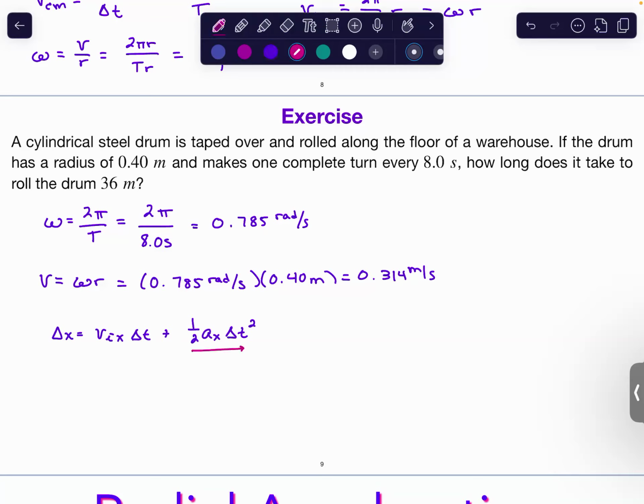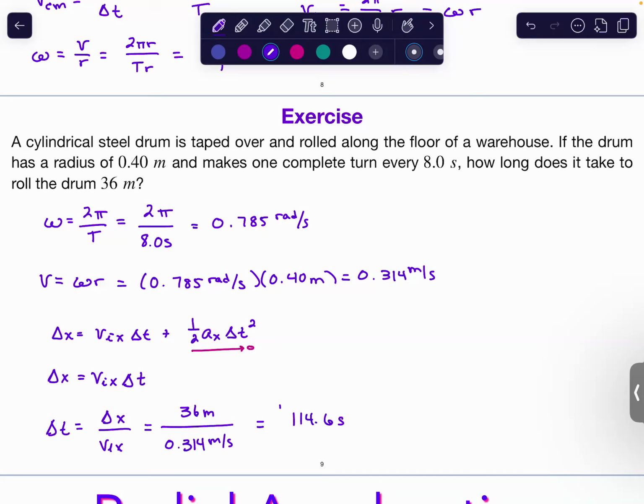Because there's not going to be an acceleration, our delta t, the time we're looking for, is going to be the full 36 meters over the velocity. And that's going to give us 114.6 seconds. See, now we're mixing and matching the rotational motion with the Newtonian kinematics.